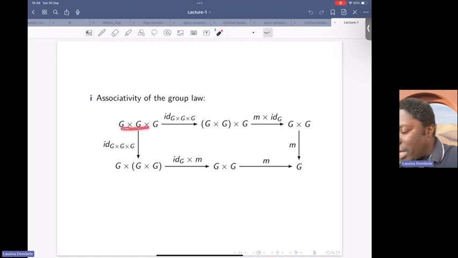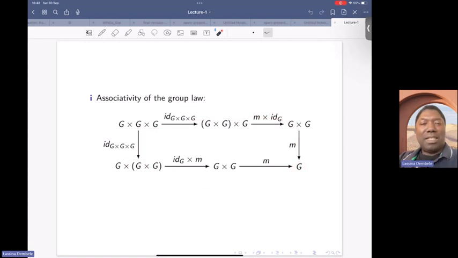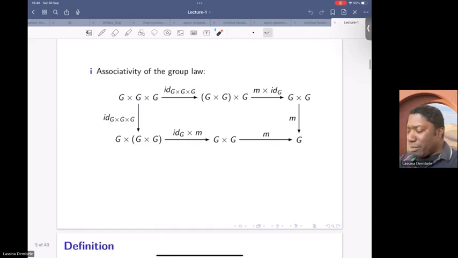So if I take three elements here, and then I start by multiplying the first two elements, and then the third element, or I start by multiplying the last two elements and then the first element, then I recover the same element in G. So that's the associativity of the group law, which we require the map m to satisfy.